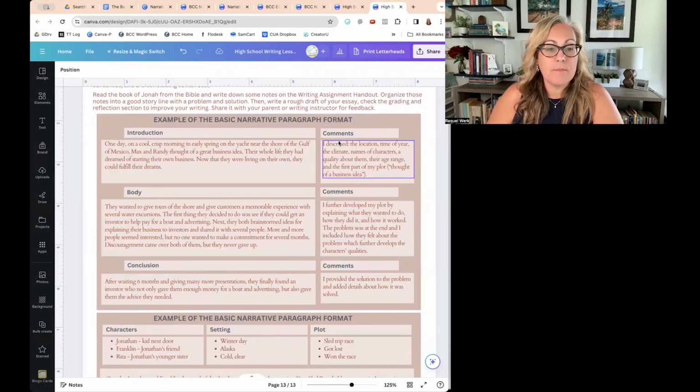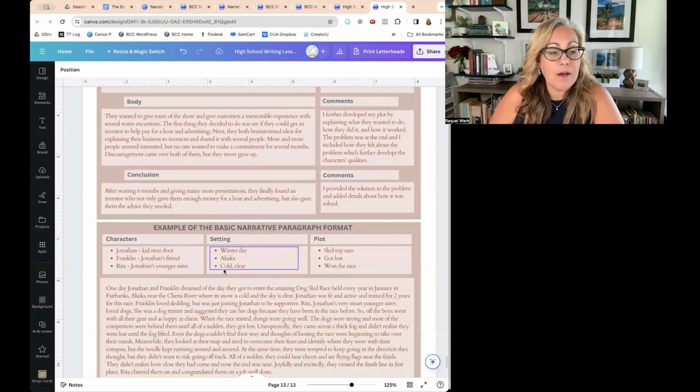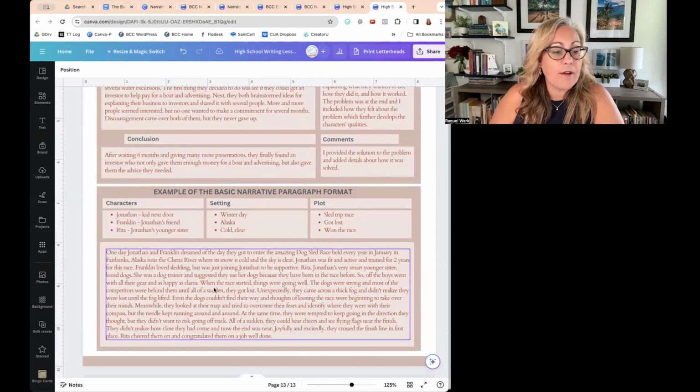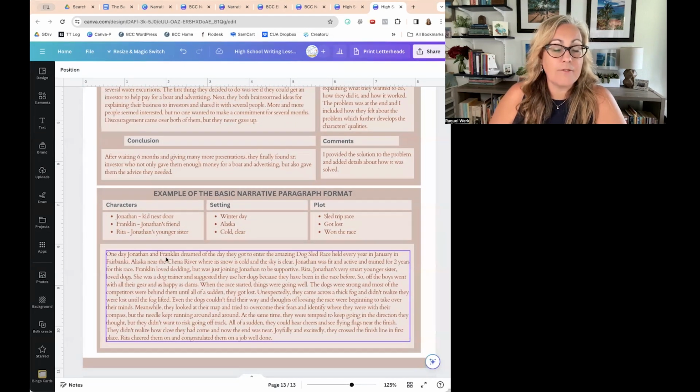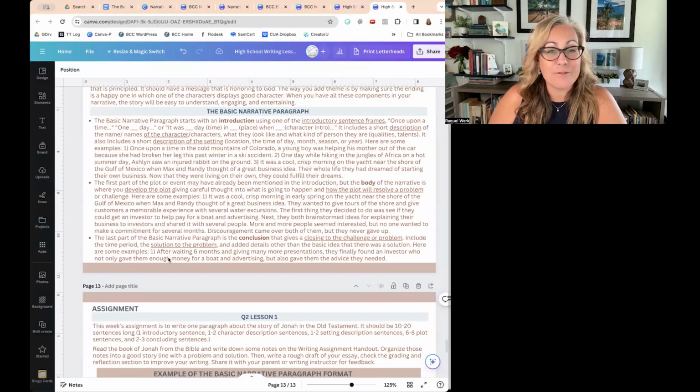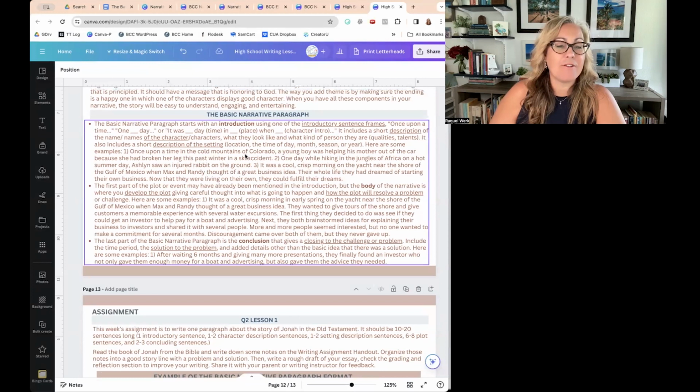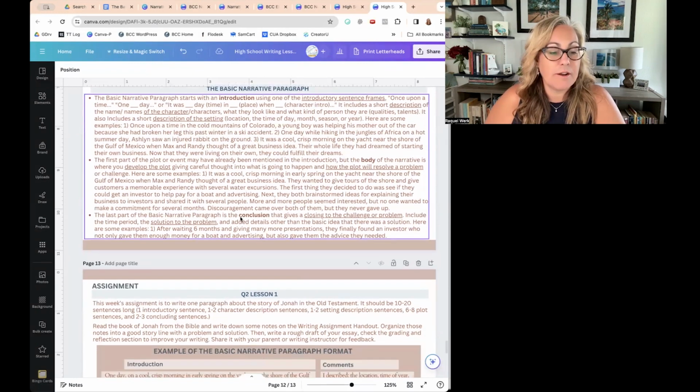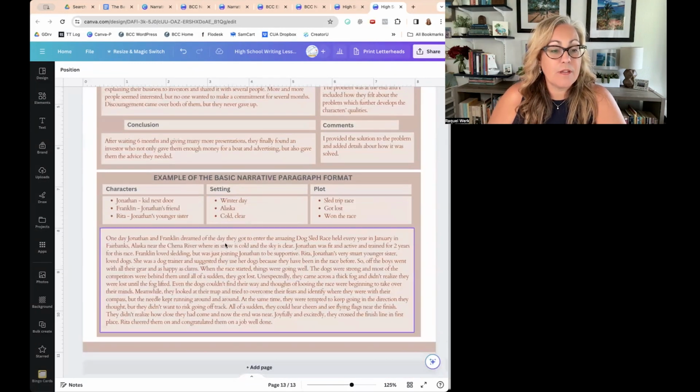So here in this middle section, you can see an example of a narrative paragraph and the comments that I put on the side so you can see how the story develops. And then at the bottom, I put the whole paragraph about Jonathan and Franklin. So this is actually not the paragraph that I was thinking of where I talk about Max and Randy. You pretty much have that paragraph in this description here, but I show you another example.